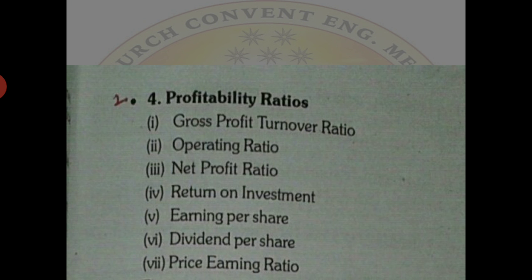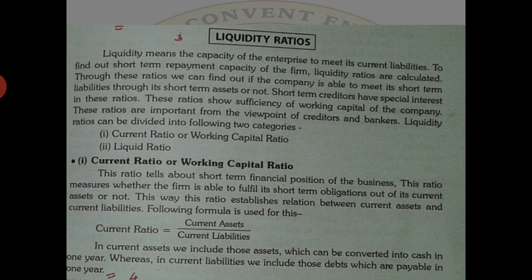First, gross profit turnover ratio. Second is operating ratio. Third, net profit ratio. Fourth, return on investment. Fifth, earning per share. Seventh, dividend per share. And last, price earning ratio. Now we'll describe them one by one.